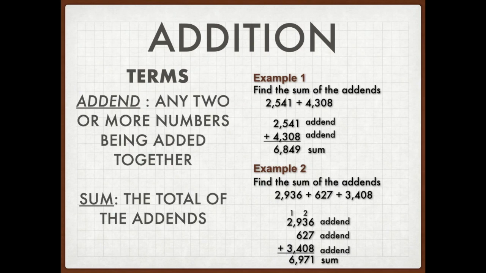So in the examples, you can see in example 1 there are two addends, and in example number 2 there are 3 addends. And as you follow along and look more closely, you can actually see the use of column addition. If you look at example 2, 6 plus 7 plus 8 gives us 21.